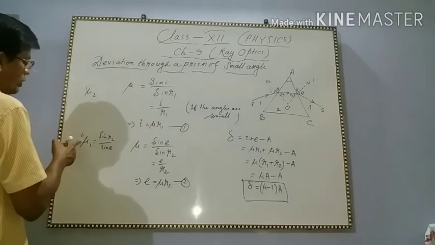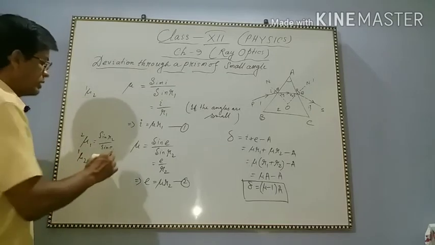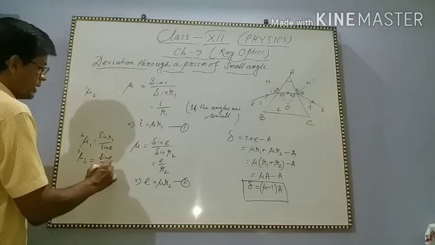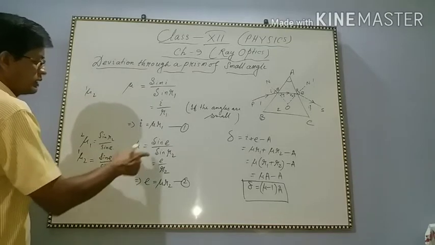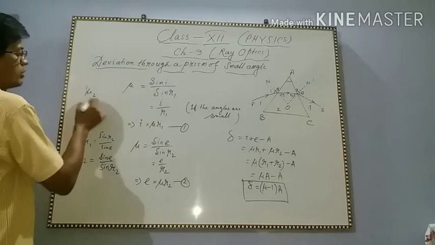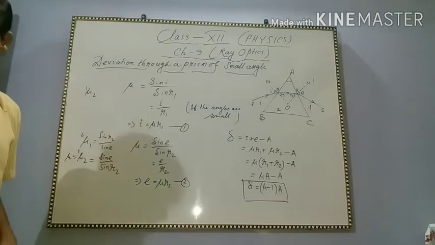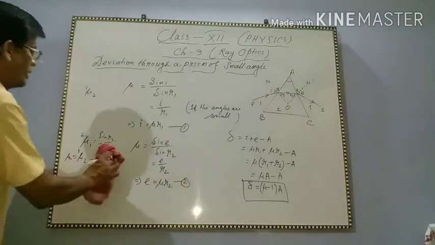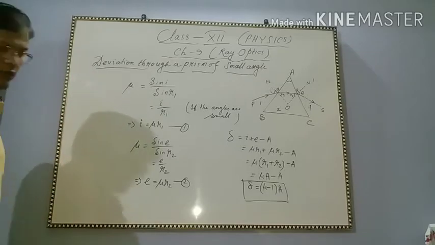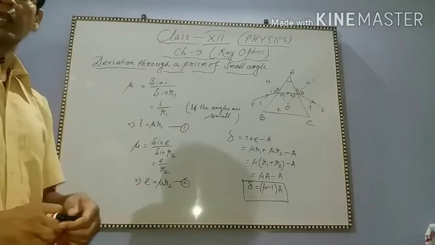So by the principle of reversibility, this will be sin e by sin r2. This is also taken as mu. So this is a very simple matter. This is the expression for deviation for a small angle prism.